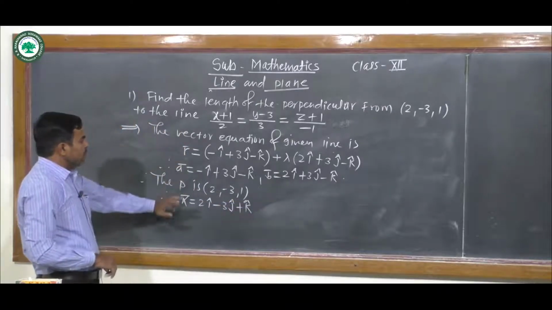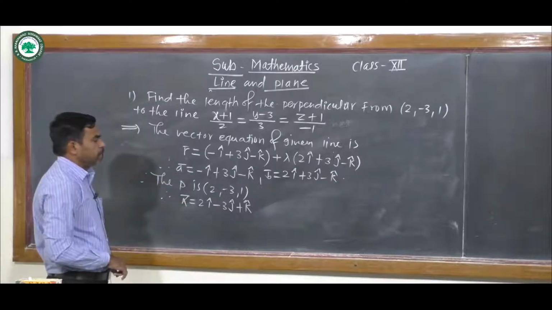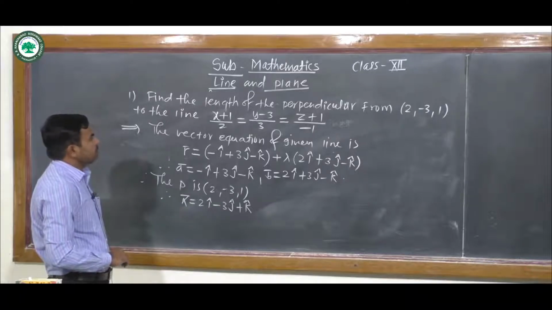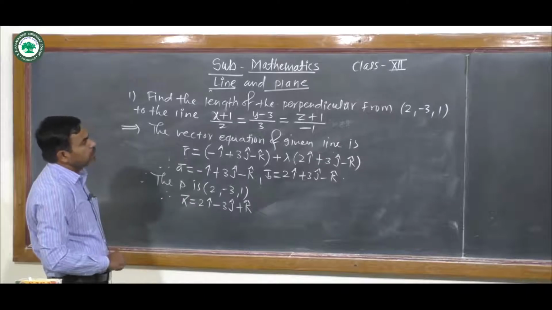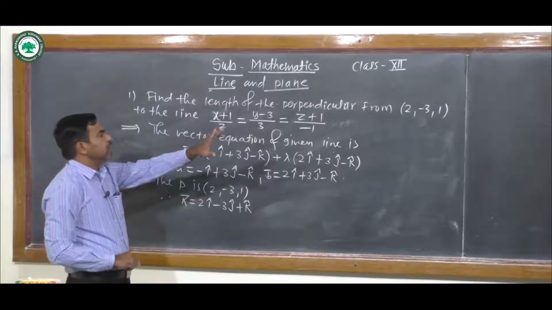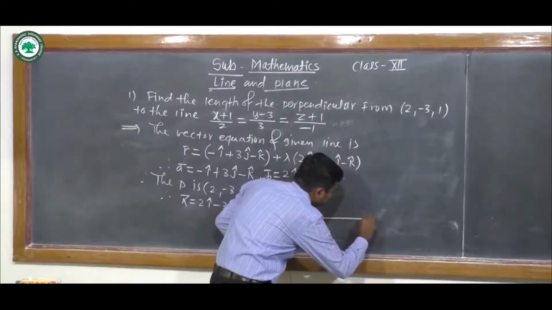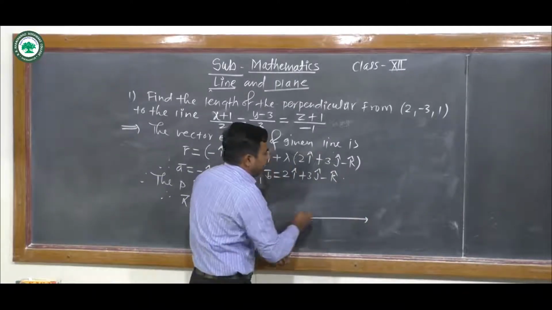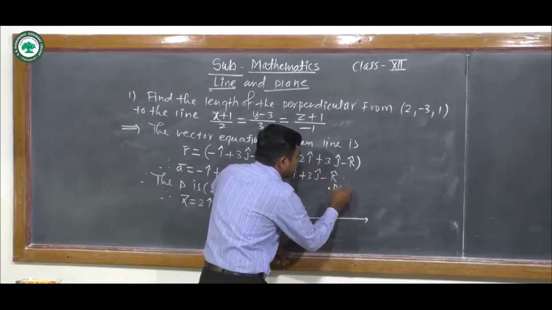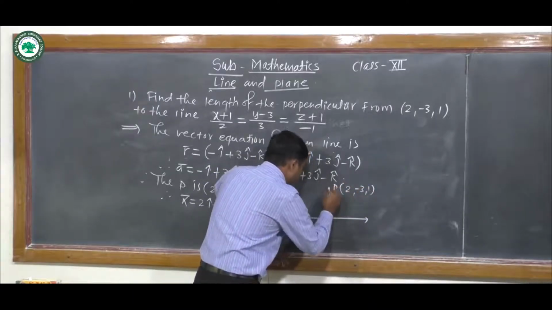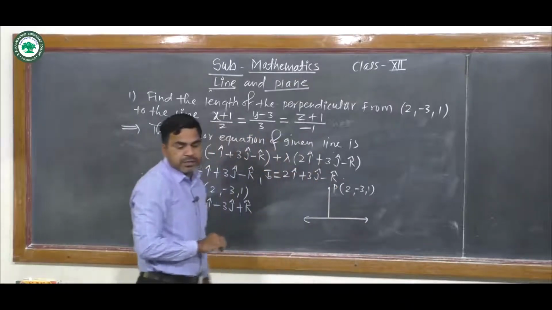Now once we know alpha bar and A bar, we can find the shortest distance, or the perpendicular distance, or the length of the perpendicular from the point 2, minus 3, 1 to this line. This is your given line and the point is P, whose coordinates are 2, minus 3, 1. We have to find this shortest distance.